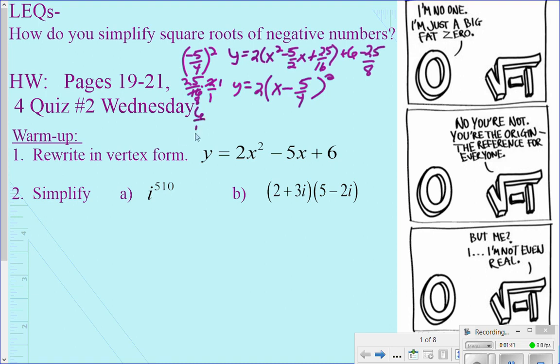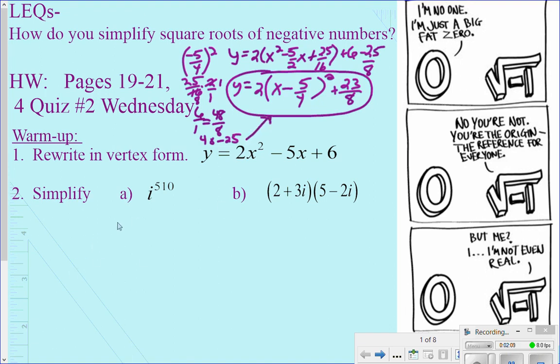And now I'm subtracting 48 minus 25, which gives me 23/8 positive. So vertex form is y equals 2 times the quantity x minus 5/4 squared plus 23/8. Okay, that's number 1.